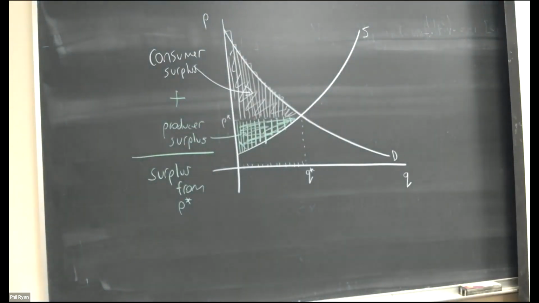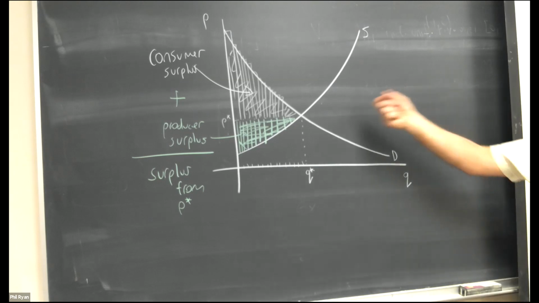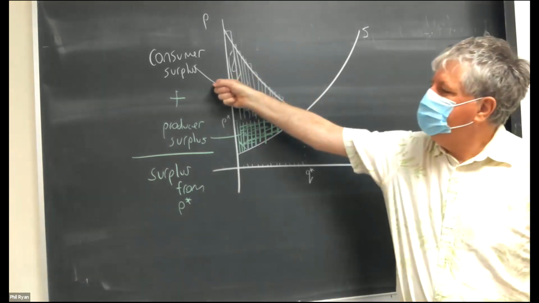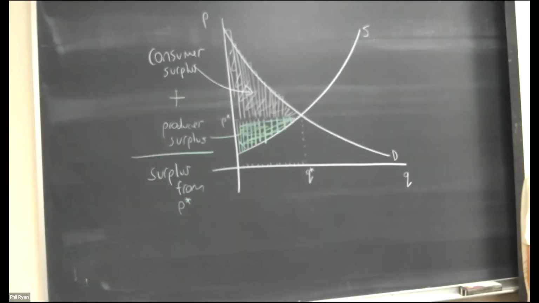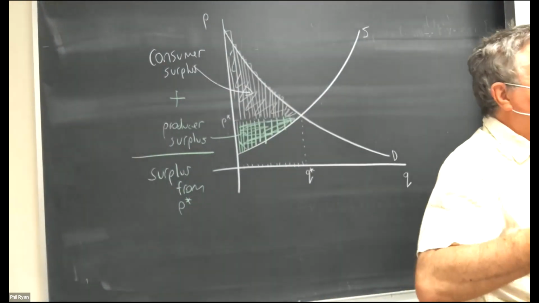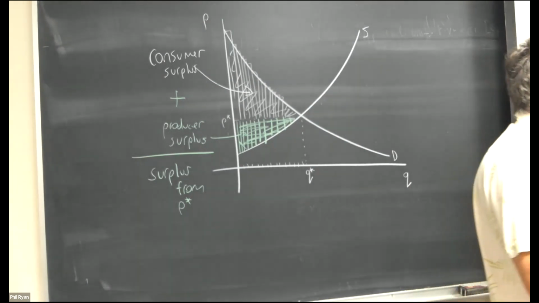Because we allowed a free market, we allowed the market to come to this equilibrium price, and this is the total surplus. So this is all the money that was somehow saved because of that.